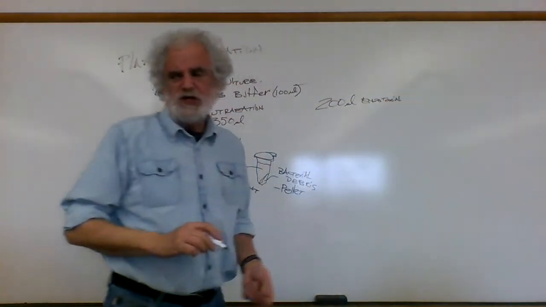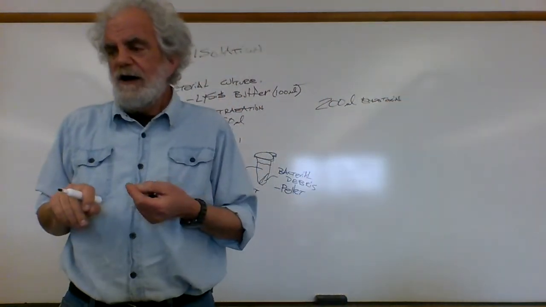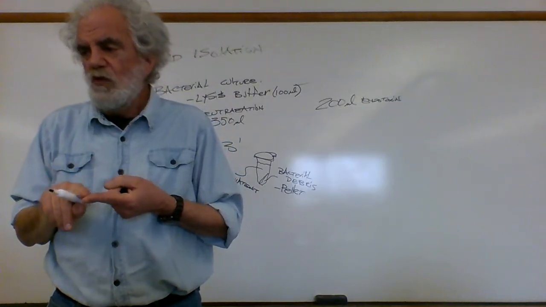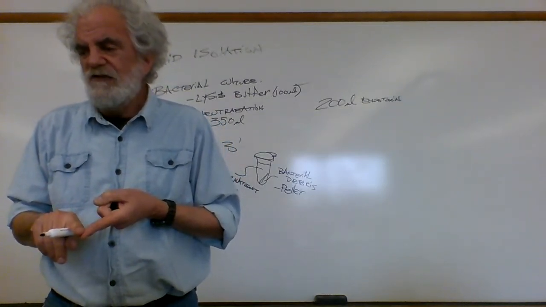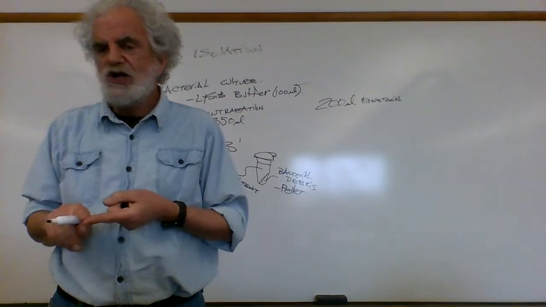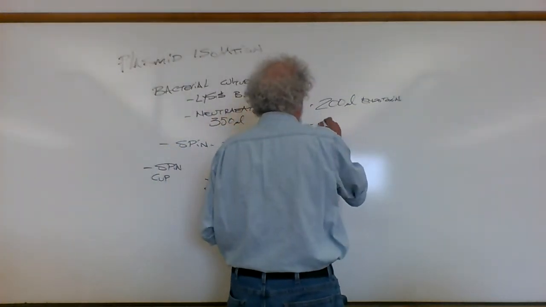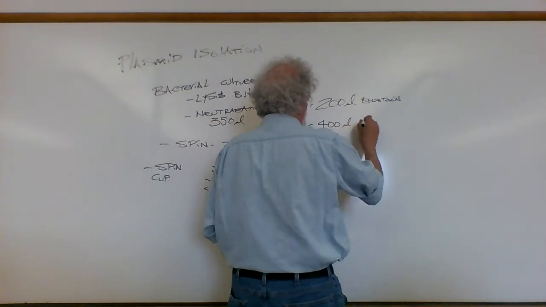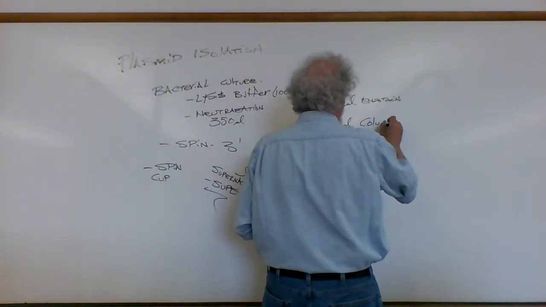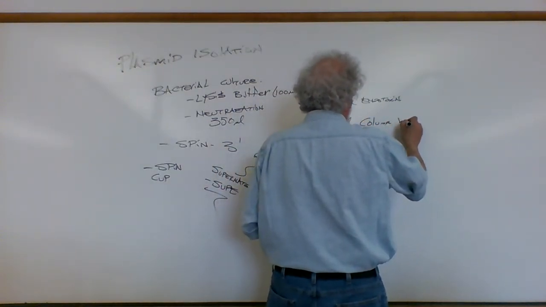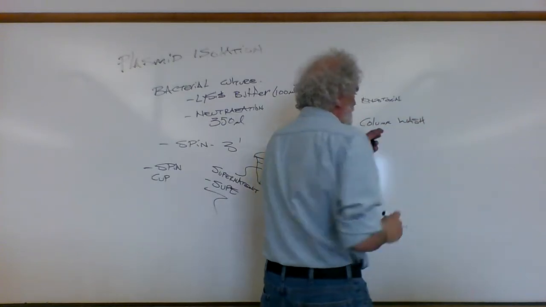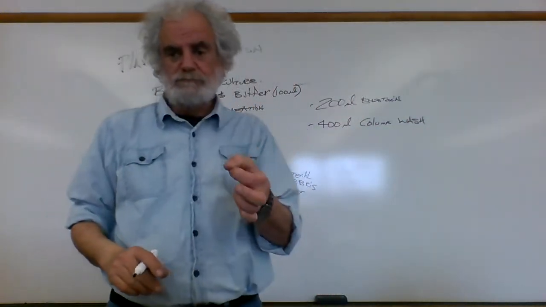And then the next wash is the 400 microliter column wash solution. At this point, the DNA is still on the membrane.